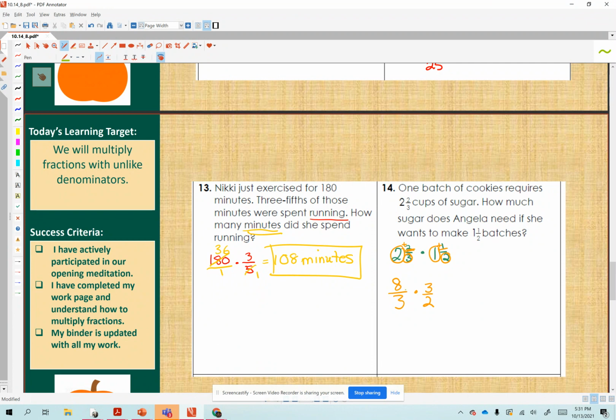I've got 3 divided by 3 is 1, and I've got 2 divided by 2 is 1, 8 divided by 2 is 4. As I multiply across, 4 times 1 is 4, 1 times 1 is 1, which simply equals 4. Oh, and that's 4 cups, because the question was how much sugar? 4 cups of sugar.